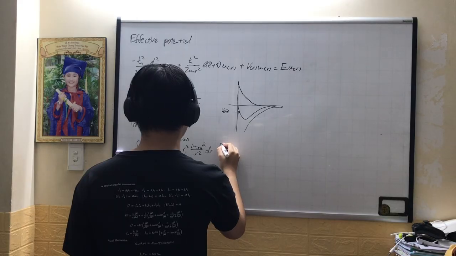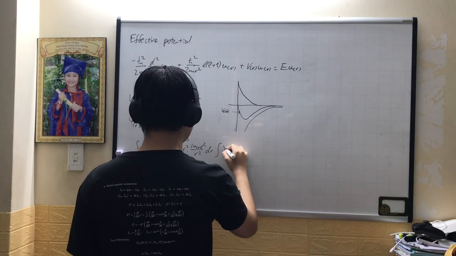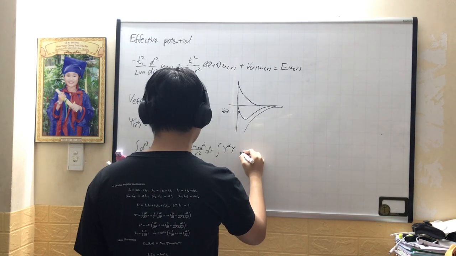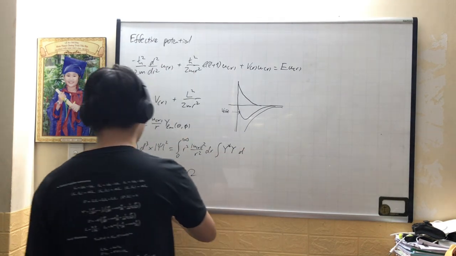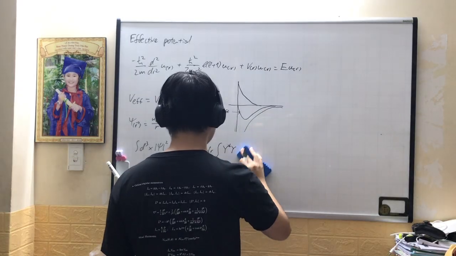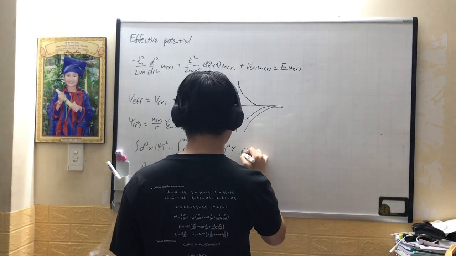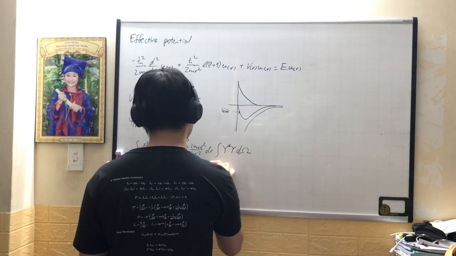Next is our Y_lm. By orthonormality this part is equal to delta, so this term is inevitably equal to 1.